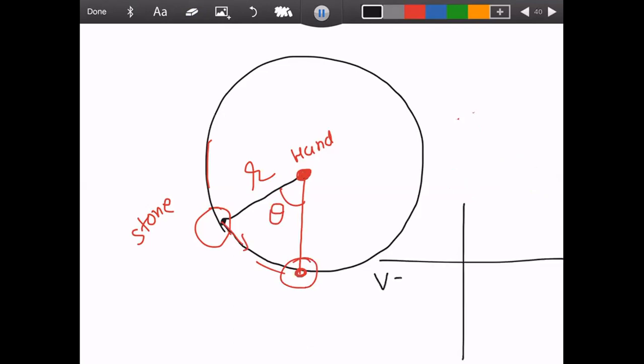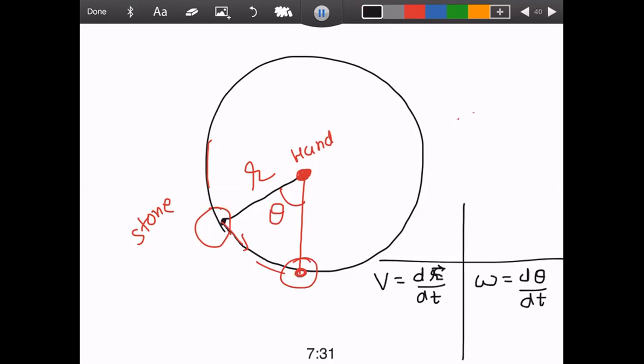Velocity equals dr by dt, or we can also write displacement by time. Omega is written as d theta by dt. What is omega? Angular velocity.